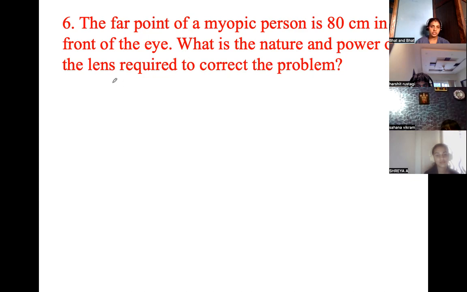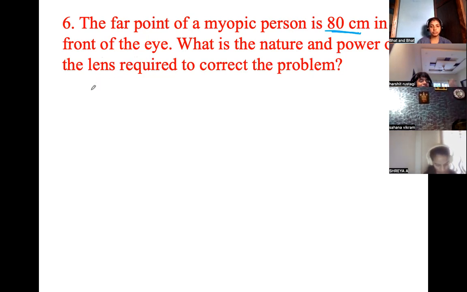Now, the question given here is the far point of a myopic person is 80 centimeter in front of the eye. What is the nature and power of lens required to correct the problem? Now which type of lens should be used? What should be the far point for a normal person?